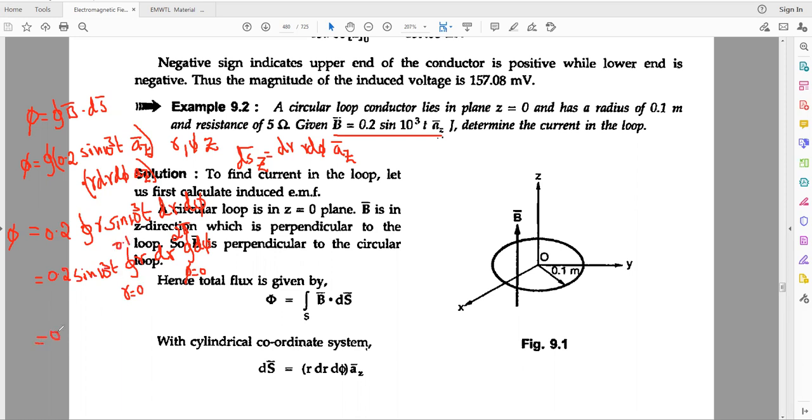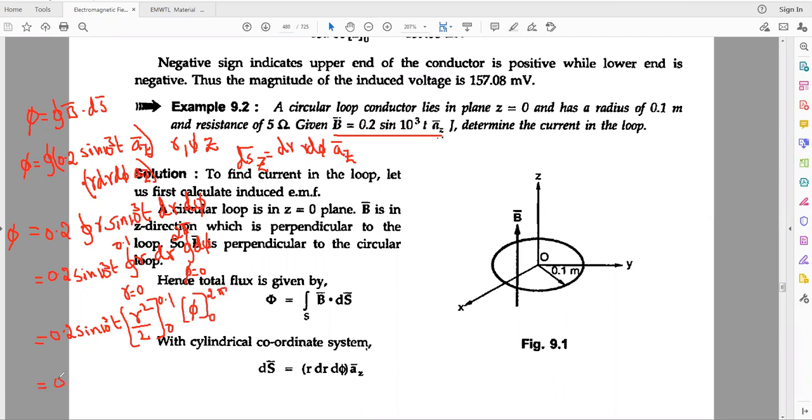That is equal to 0.2 sine 10 cube into t, times integral R, which is R square by 2, with upper limit 0.1 and lower limit 0, and integral d phi is phi, with upper limit 2 pi and lower limit 0.